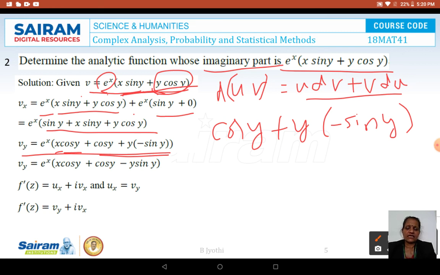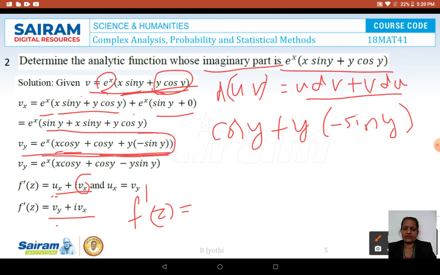Now let us consider f dash of z, which is ux plus i vx. In this only the vx is there. We don't have the ux. That means ux should be replaced with vy. Therefore, the equation reduces to vy plus i vx. So what is our f dash of z equal to? It is vy. What was our vy?